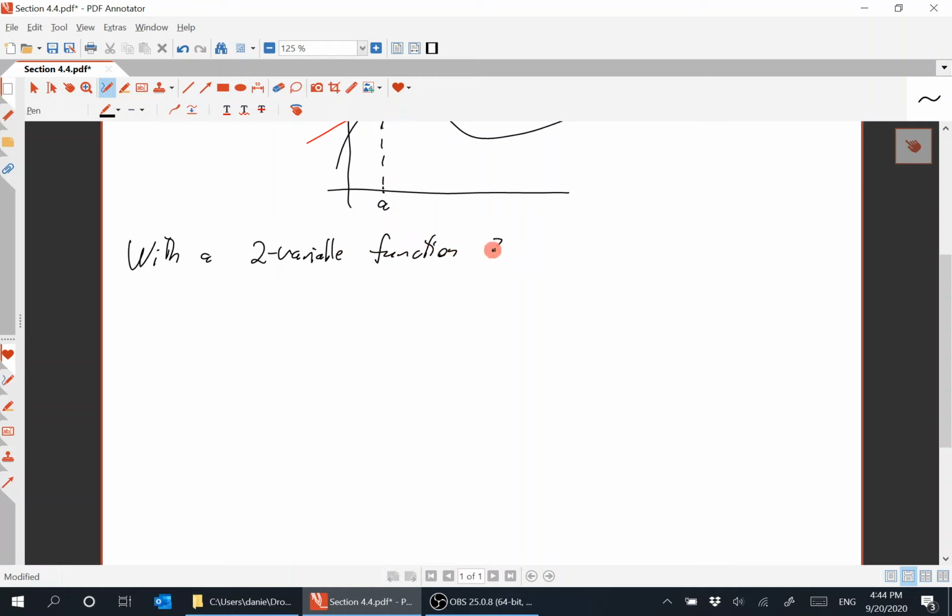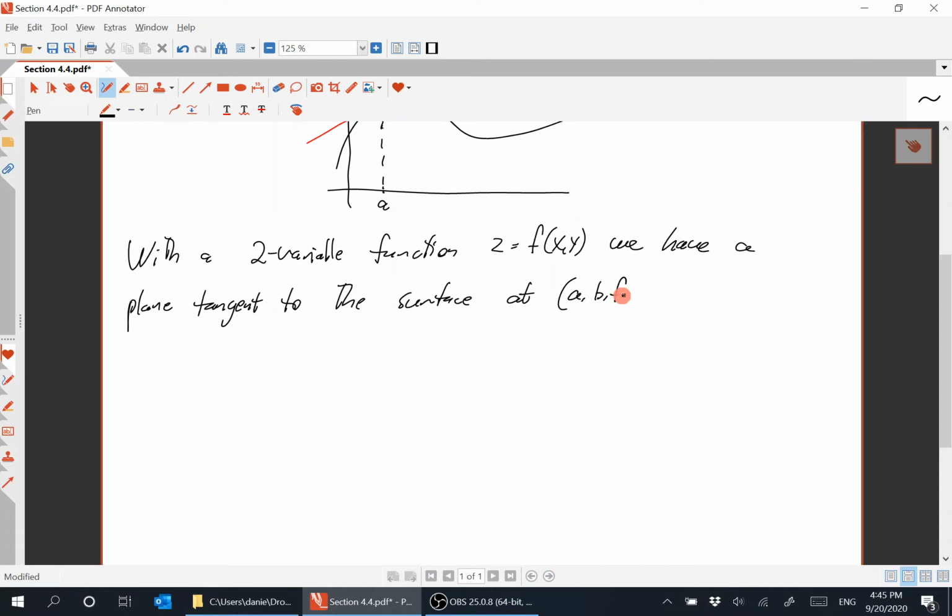with a two-variable function, z equal to f of x, y, we have a plane tangent to the surface z equals f of x, y at x equal to a, y equal to b, and then z equal to f of a, b.